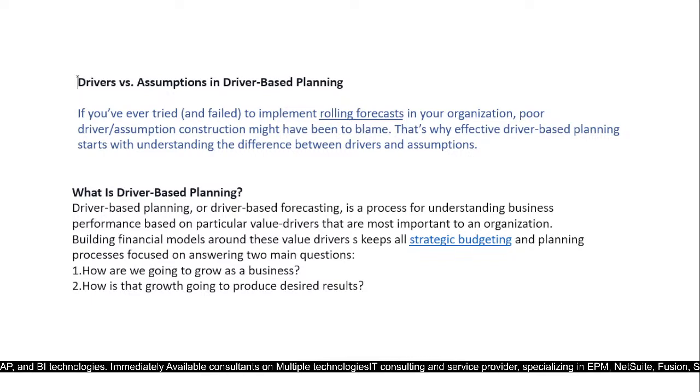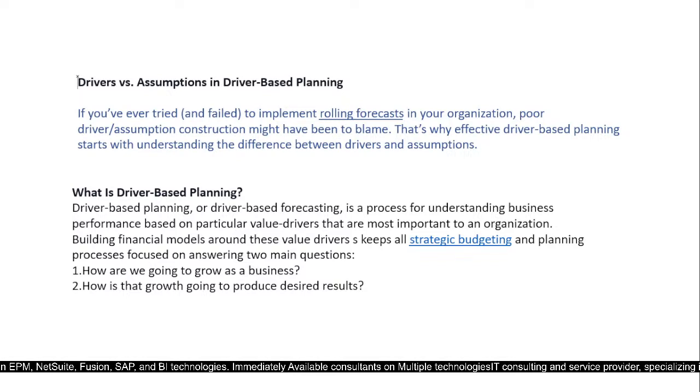Basically, driver based planning is a framework used to plan business performance based on a hierarchy of company specific value drivers. Every company has different kinds of drivers. Not every company, organization or industry can have the same drivers, right? Let's talk about our example. We are talking about hospital management, the healthcare sector, so the drivers are almost different for calculation purposes.